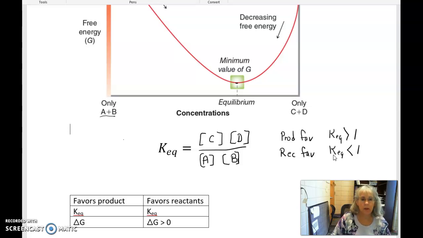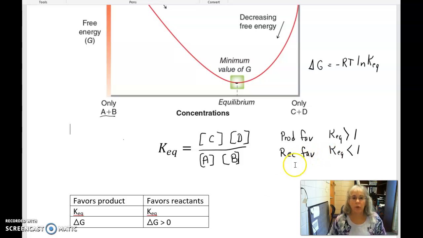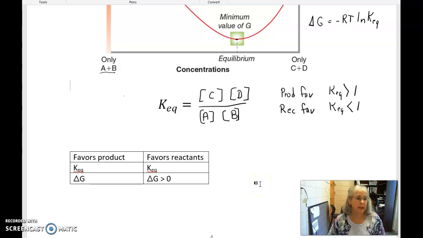Delta G, I'm just going to put it up here, delta G is equal to minus RT natural log of the chemical equilibrium constant. All right, that's how those two things are related.